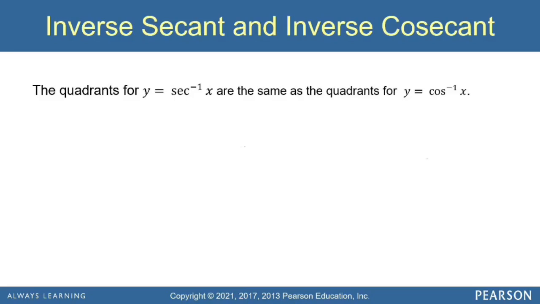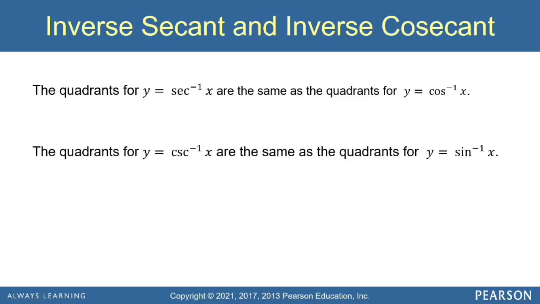We know that cosine inverse is going to give us an angle that's between 0 and π radians, and therefore secant inverse does the same thing. It will give us an answer in either quadrant 1 or quadrant 2.